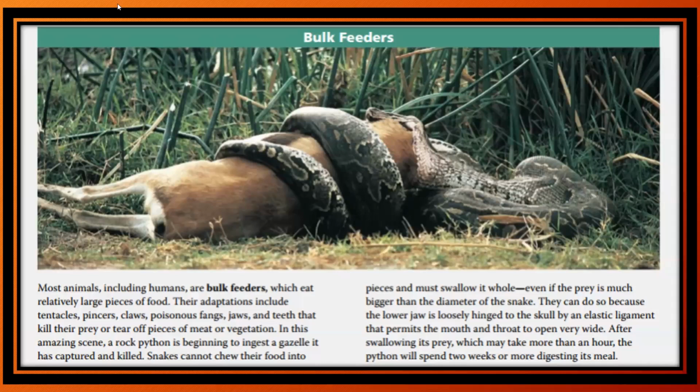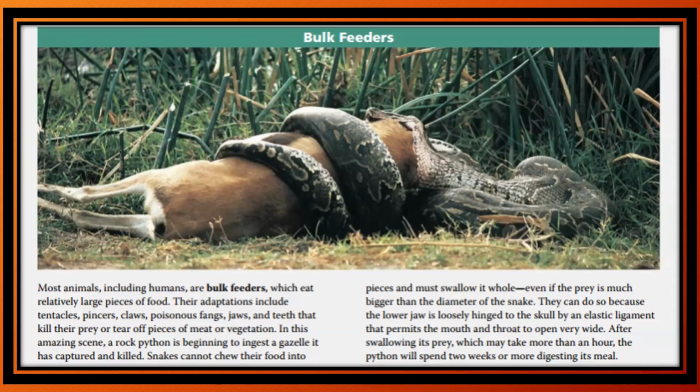The vast majority of organisms, though, are this idea of bulk feeders. And so bulk feeders are organisms that eat large pieces of food. We are a bulk eater. Obviously, looking at this is a snake. There's a snake that is actually eating a deer. And obviously, we're not going to unhinge our jaws and eat nearly as large of a portion as a snake, but we're still eating chunks of food.